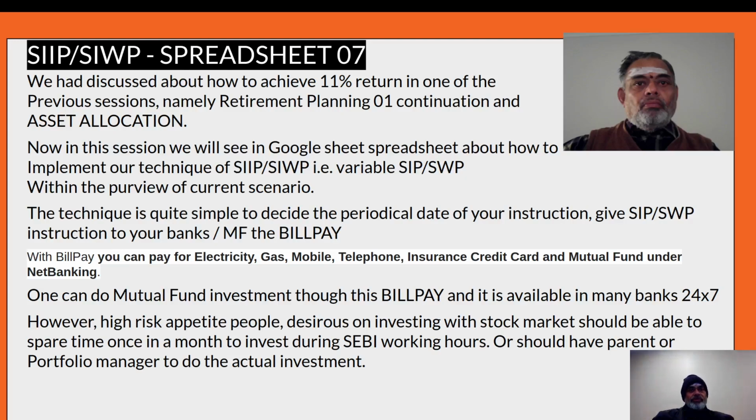One can do mutual fund investment through this bill pay, and it is available in many banks 24/7, round the clock. However, high risk appetite people desiring to invest in the stock market should be able to spare time once in a month to invest during SEBI working hours, or should have a portfolio manager do the actual investment.